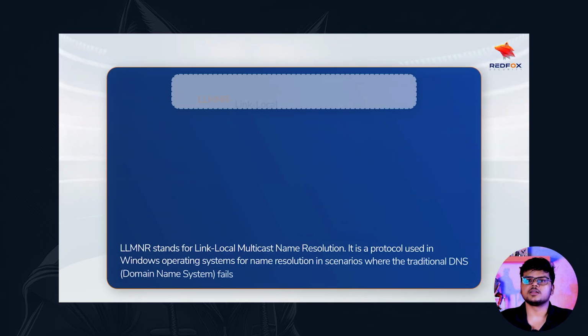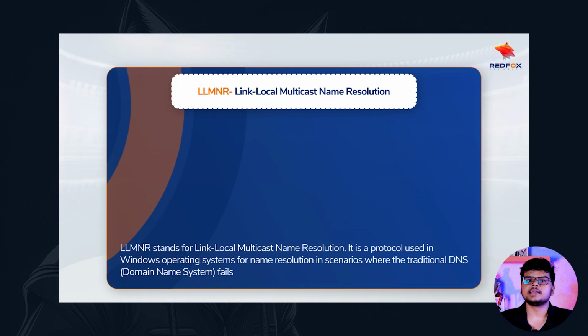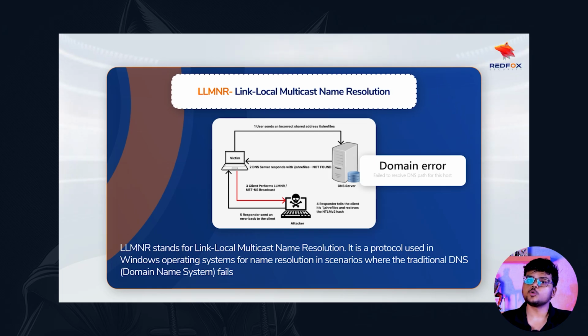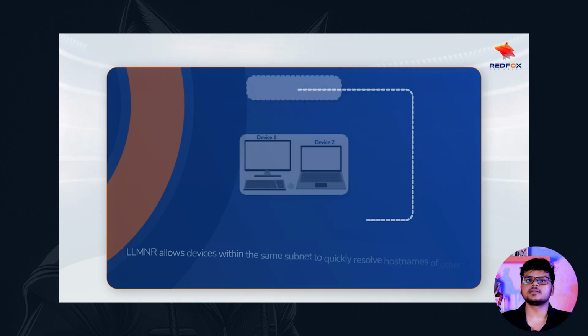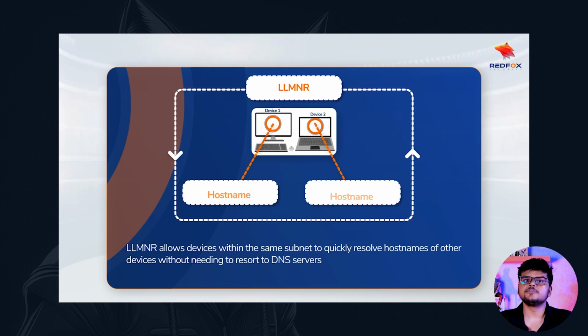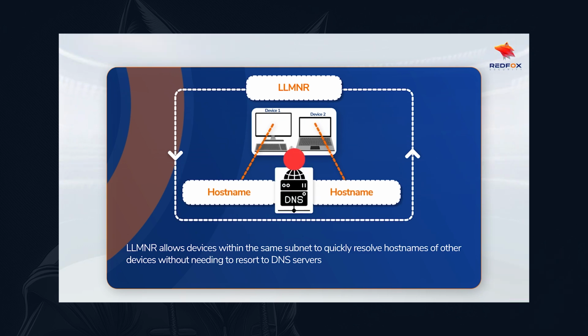LLMNR stands for Link Local Multicast Name Resolution. It is a protocol used in Windows operating systems for name resolution in scenarios where the traditional DNS, domain name system, fails. LLMNR allows devices within the same subnet to quickly resolve the host names of other devices without needing to resort to DNS servers.